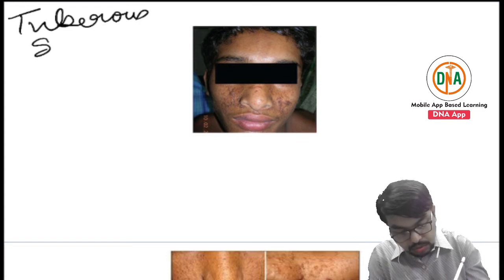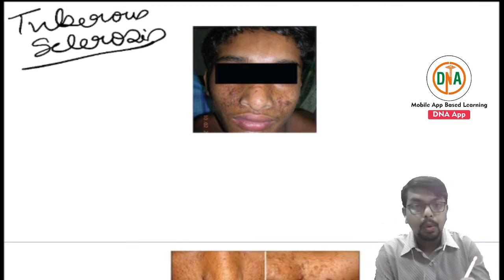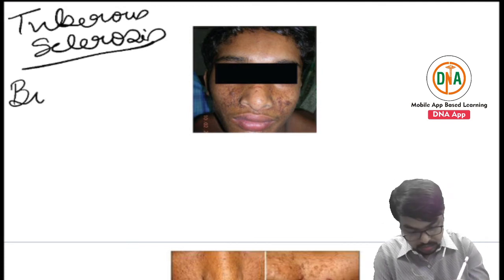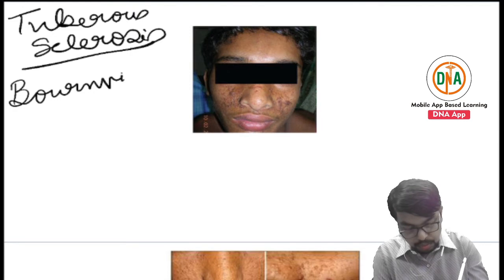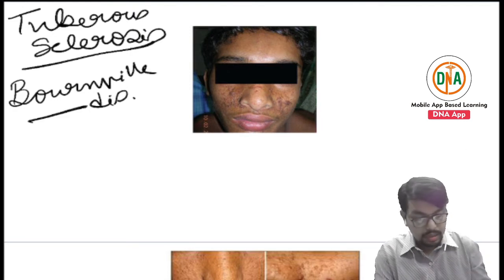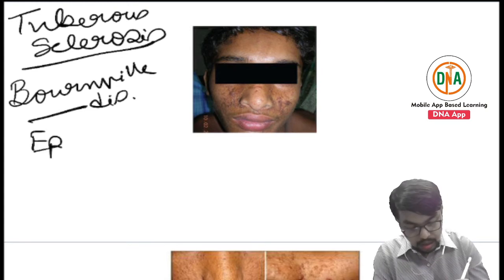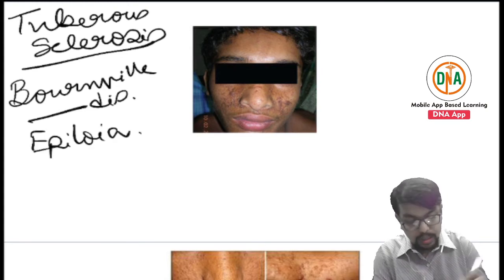Next we will move on to the second one, tuberous sclerosis, also known as Bourneville disease, also known as epiloia. Epiloia, what is that?